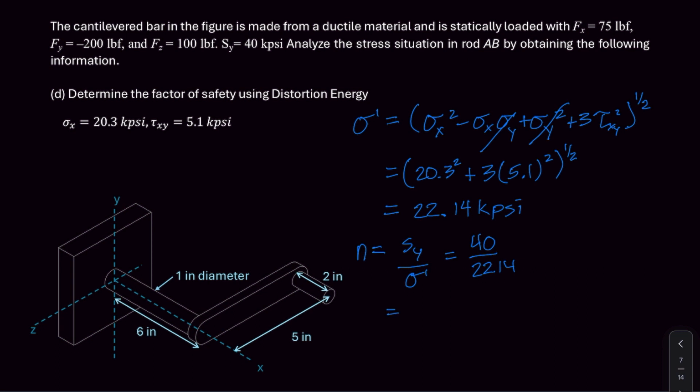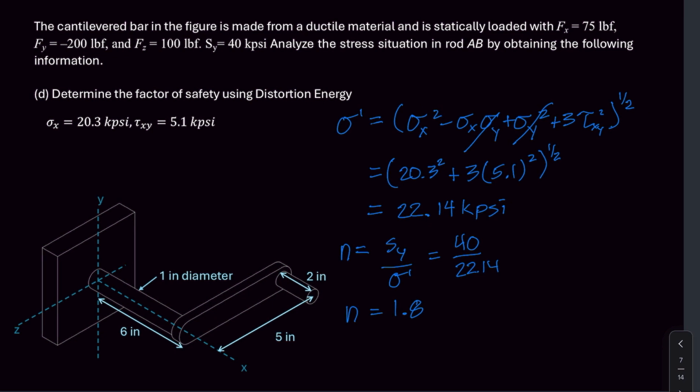And we see that that would be equal to 1.8 as our safety factor. So 1.8 is not very high for a safety factor, so we would consider this to be safe, but there's not a lot of margin for error here since we see that it's less than 2.